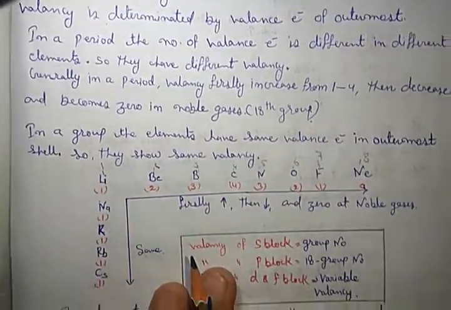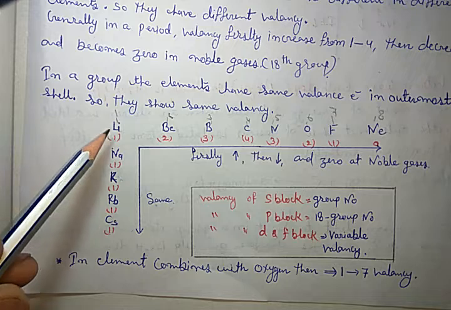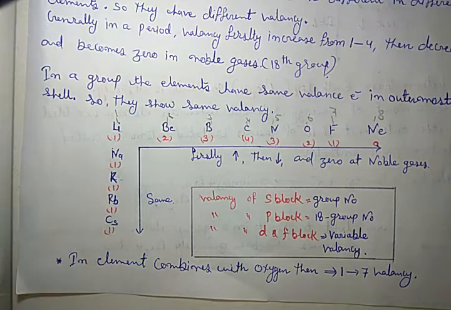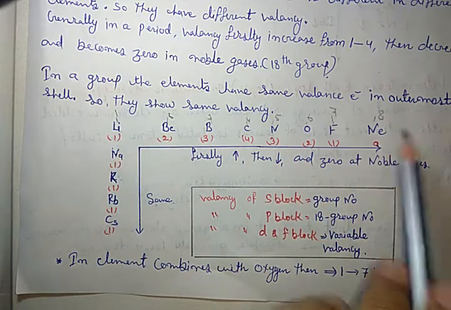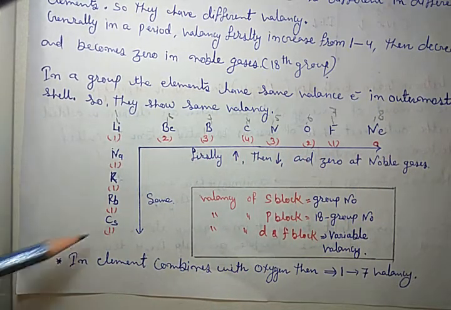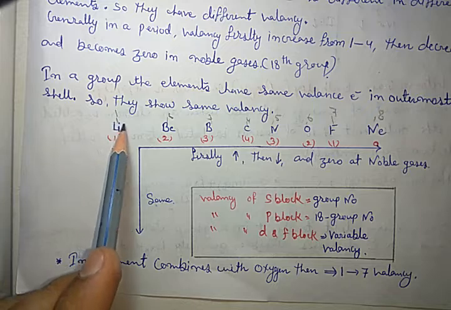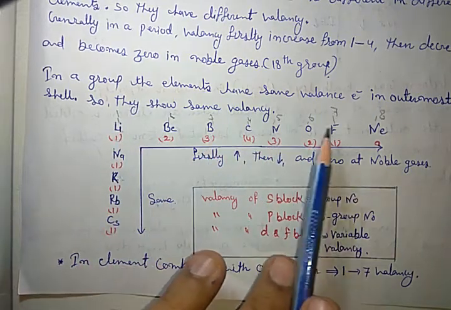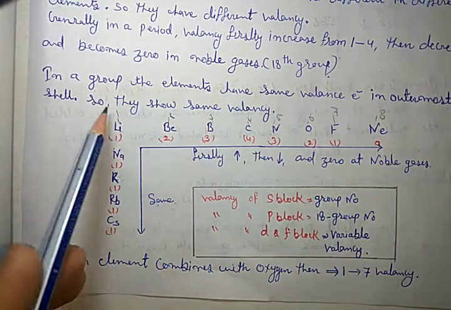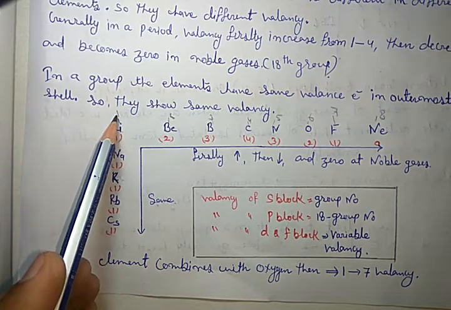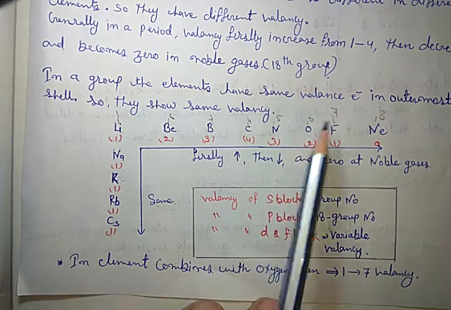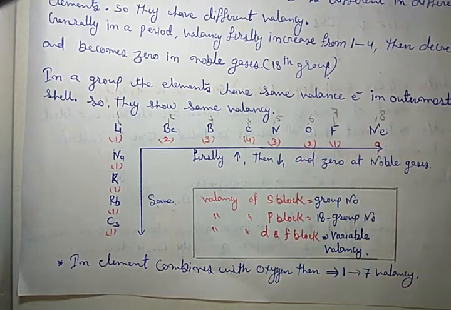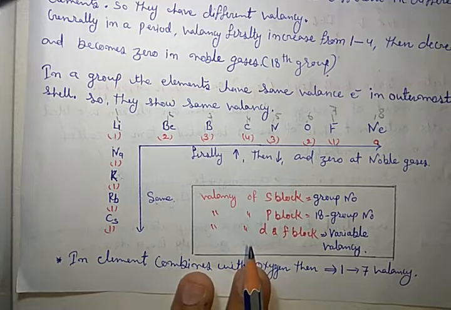Now let me consider its periodicity. There is an example. Firstly we discuss the example, then we will discuss its theory. This is a period, and that is a group. That is lithium, beryllium, boron, carbon, nitrogen, oxygen, fluorine and neon. The outermost shell electrons in lithium is 1, beryllium has 2, boron 3, carbon 4, nitrogen 5, oxygen 6, fluorine 7 and neon has 8 electrons.